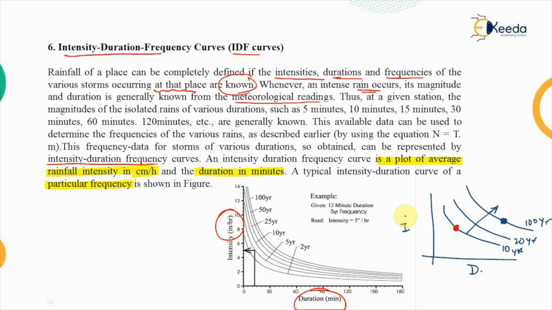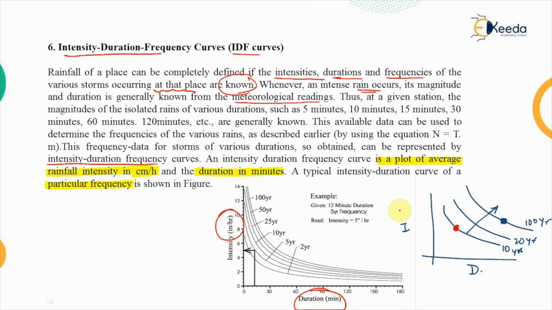If the rainfall is for a longer period, the intensity with which it falls will be comparatively lesser. I would not say it is very low, but it is comparatively lesser, and that is what is represented by these intensity duration frequency curves.